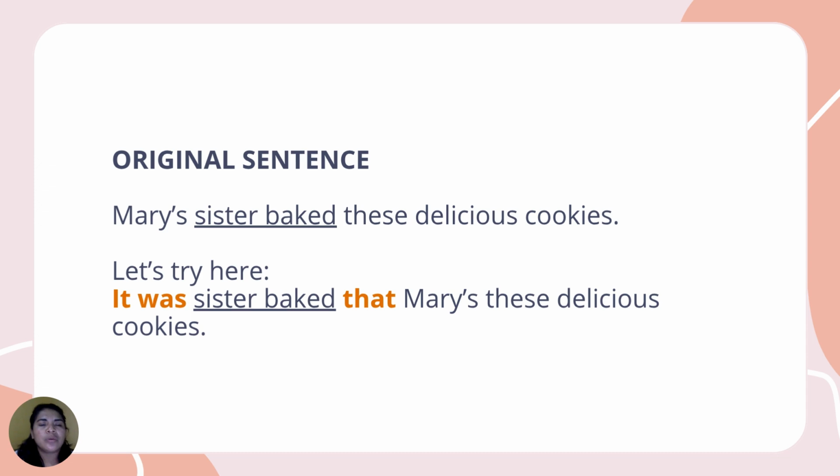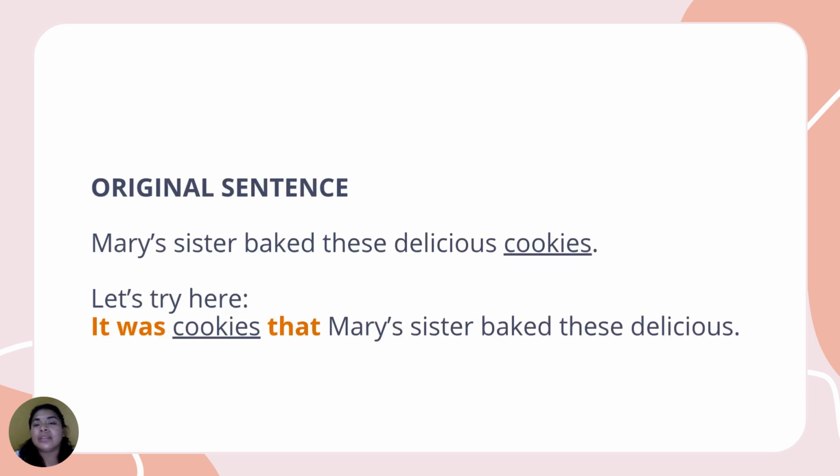It was sister baked. Sister baked what? You have here the noun and the verb. We immediately realize that is ungrammatical, so "sister baked" is not a constituent in that sentence. That could be your answer.